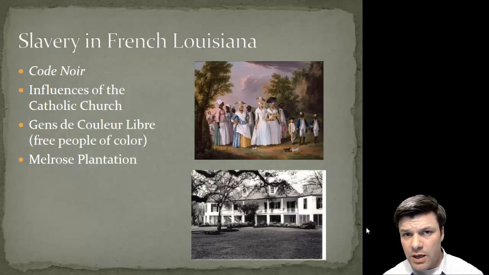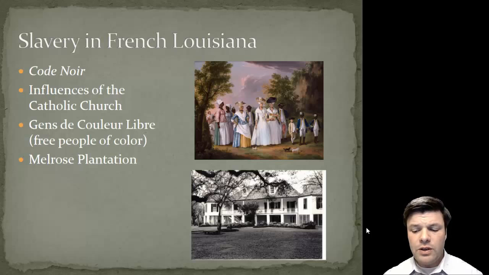And so this is a very unique aspect of the French version of slavery in the North American continent. And it's very different than the English model. And it's primarily because the people that were running the program there looked at the world very differently. The Catholic Church is going to introduce some things that just would not fly in the English model.